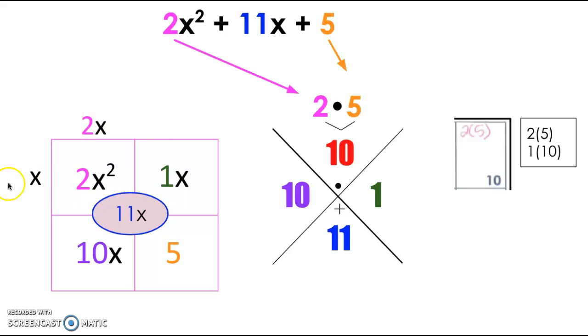So we put x here, 2x up here, and then we work backwards. 2x times some number gives us 10x. That has to be 5. 2x times 5 is 10x. And then up here, x times some number has to be 1x, and in this case, it's going to be a 1. And we could check, is 5 times 1 5? Yes, so that works, and now we have these two factors.